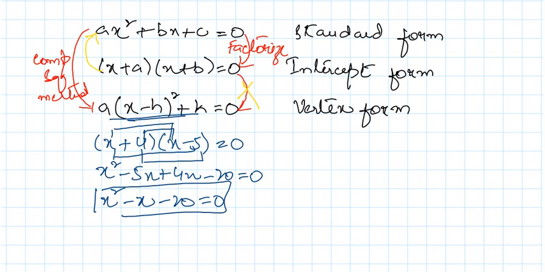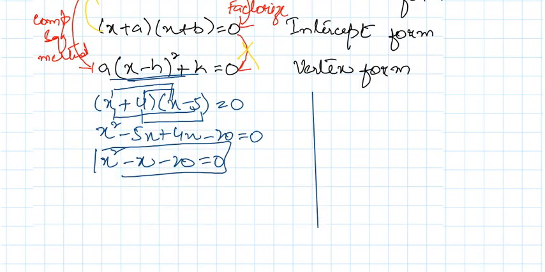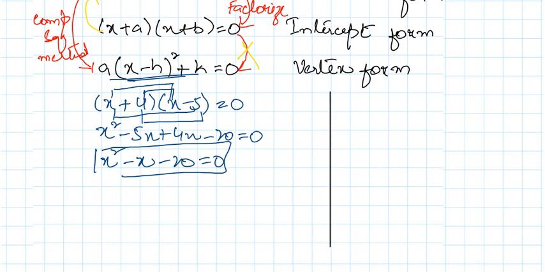Why are we calling it vertex form? We have done the graphs of the quadratic equation in the topic of graphs, right? Just wait, let me draw a graph for you. This is the quadratic graph which I am about to draw.